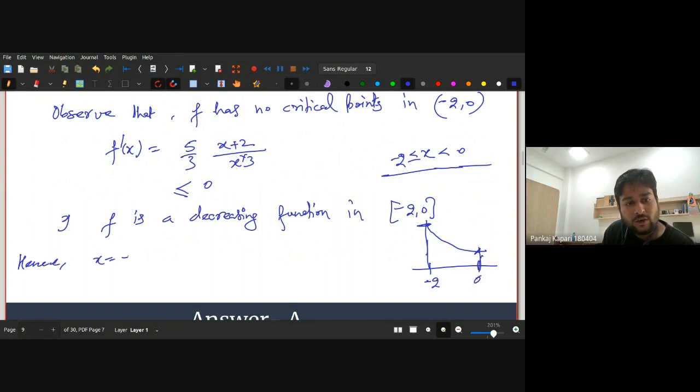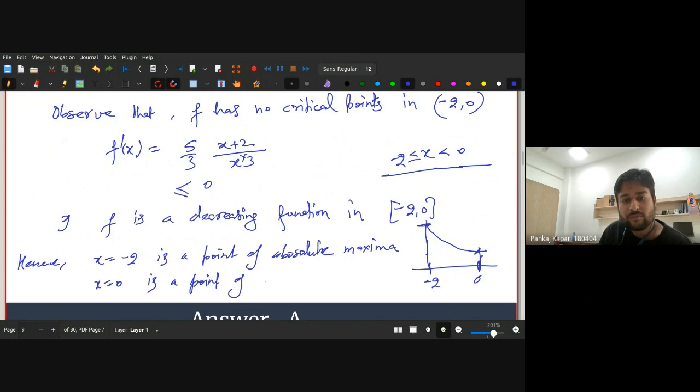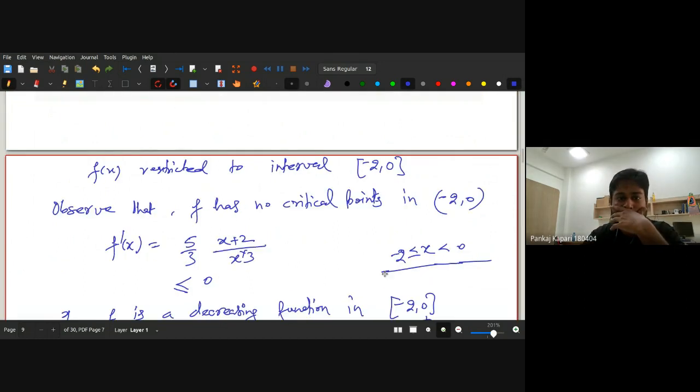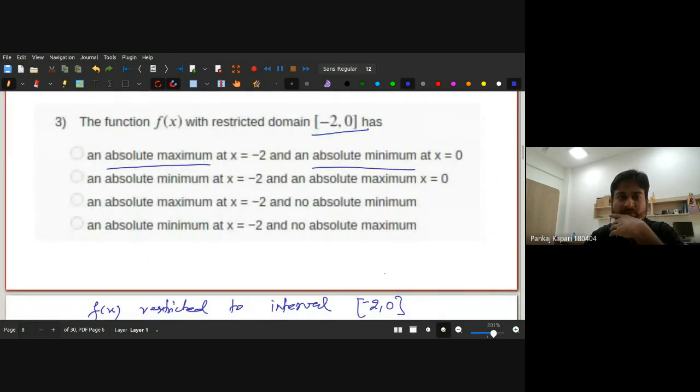Hence x equal to -2 is a point of absolute maxima, and x equal to 0 is a point of absolute minima. So the first option is correct here.